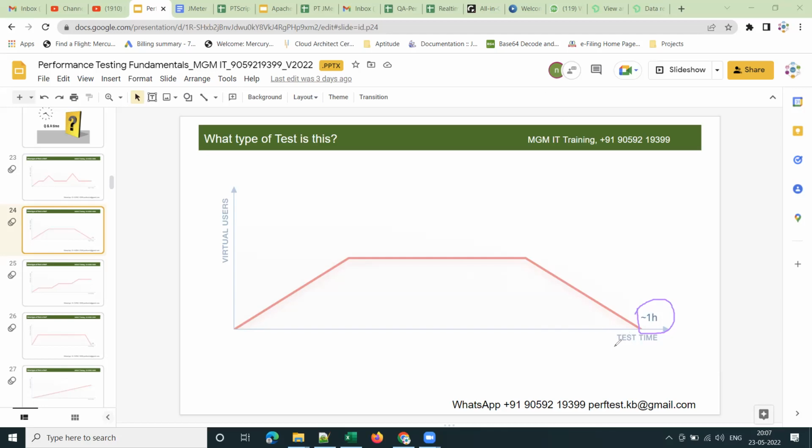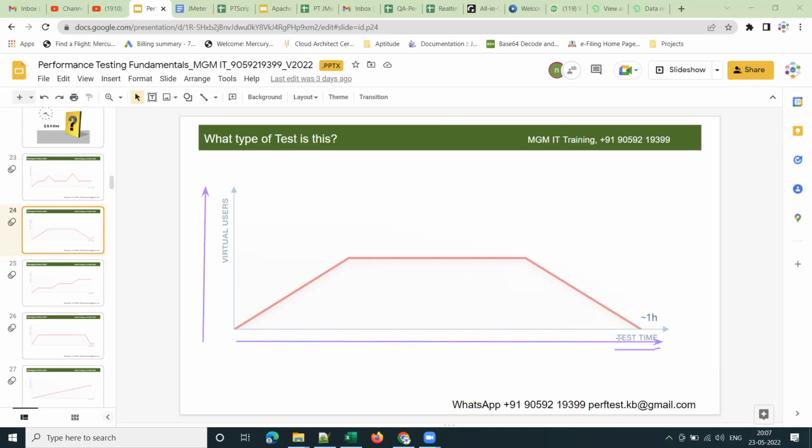Clear, guys? Observe here, you have test time on the x-axis and virtual users on the y-axis. Test time means elapsed time on the x-axis. This horizontal line is called the x-axis. I hope everyone remembers that now at least. This is called the y-axis.